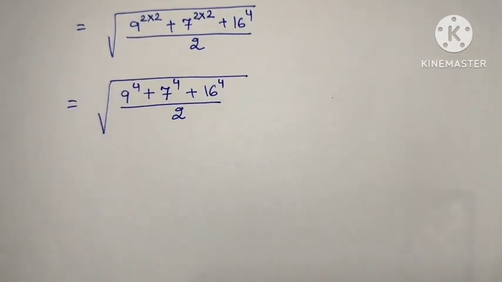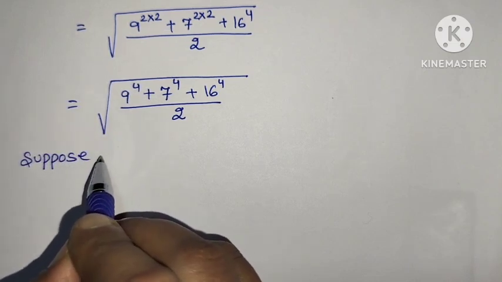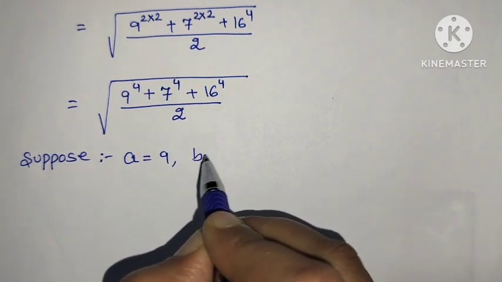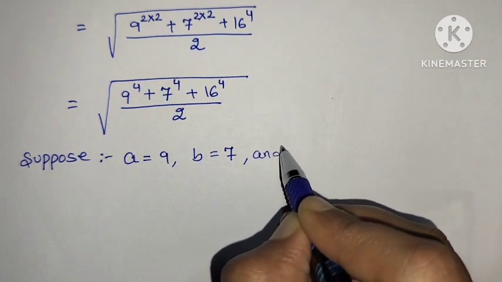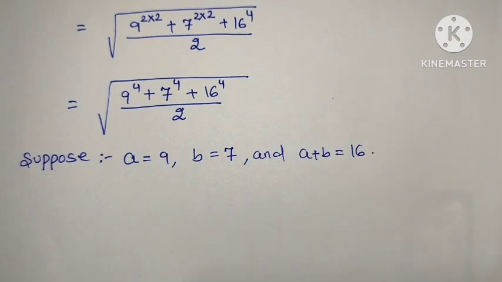Yes. Suppose A is equal to 9, B is equal to 7 and A plus B is equal to 16.